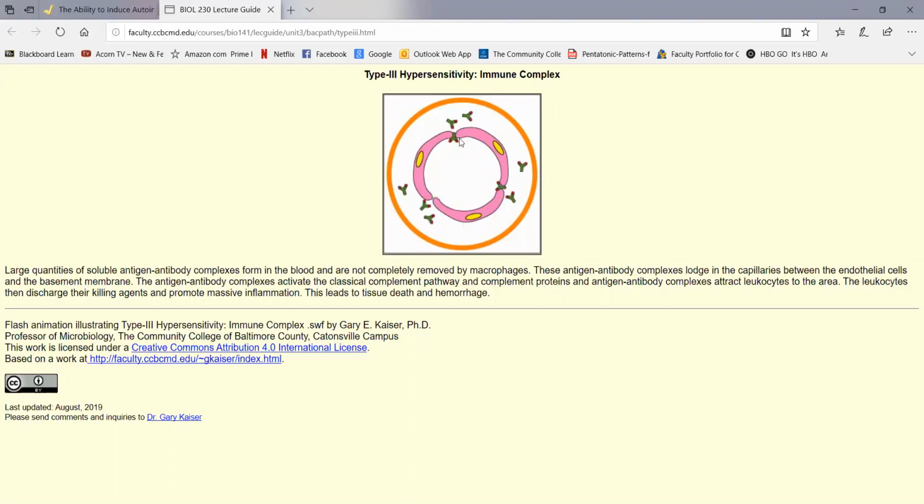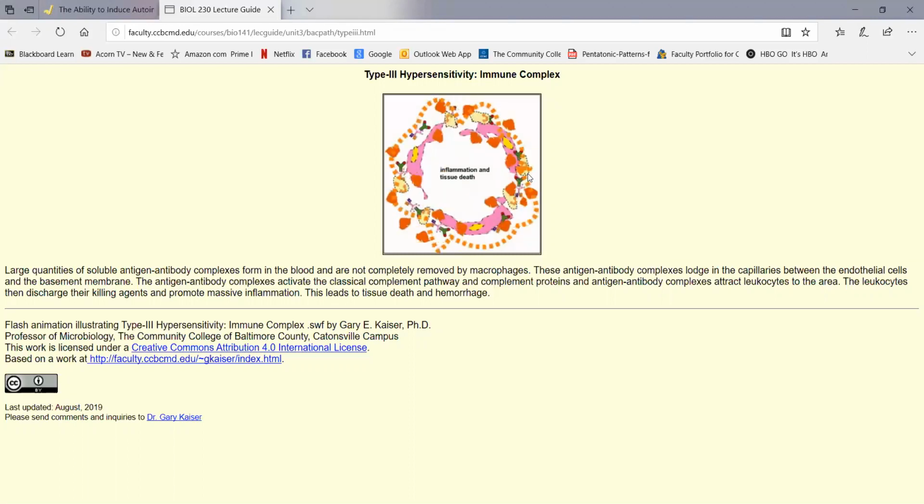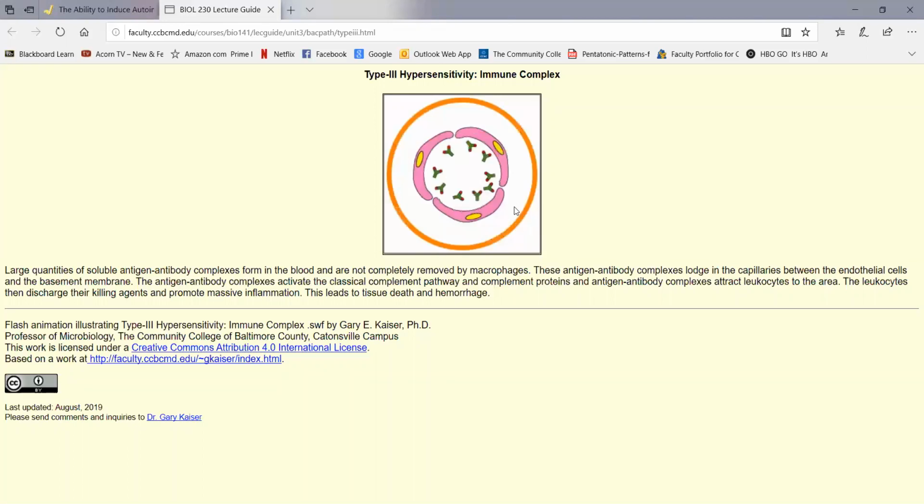And in large amounts, as they diffuse out between the endothelial cells of the capillary, they get trapped against the basement membrane. These antibodies activate the complement pathway. The complement pathway attracts neutrophils, and at high complement levels, they dump their lysosomal contents, destroying the blood vessels and the basement membrane. And that can lead to tissue death and hemorrhaging.